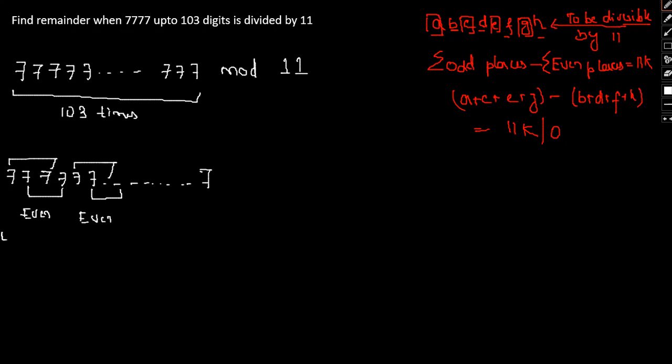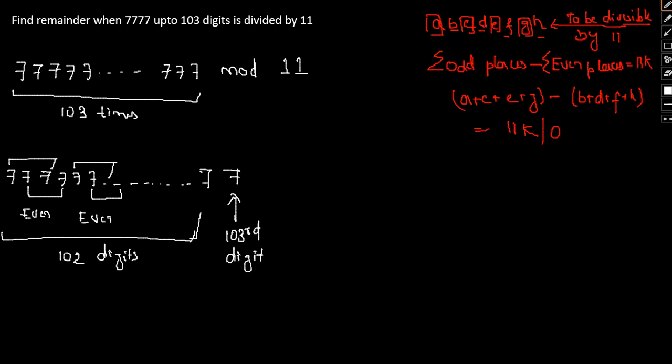So till the 102nd digit, everything will get cancelled out, plus minus everything will cancel out, and only the 103rd digit will be left out, mod 11.